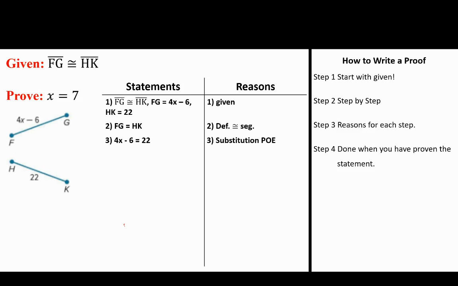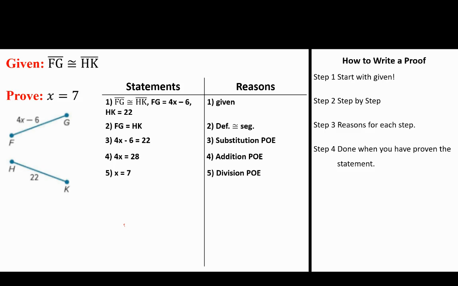From there, we're just going to solve through this equation using the different properties of equality we know. So let's start by adding 6 to both sides, and we get 4X equals 28. That is because of the addition property of equality. From there, I need to get rid of that 4, which I'm going to divide on both sides, which gives me X equals 7. And because I divided on both sides, that is the division property of equality.